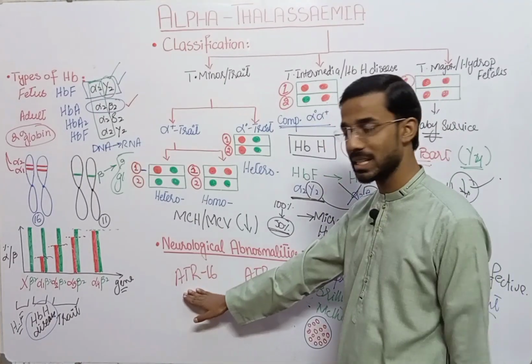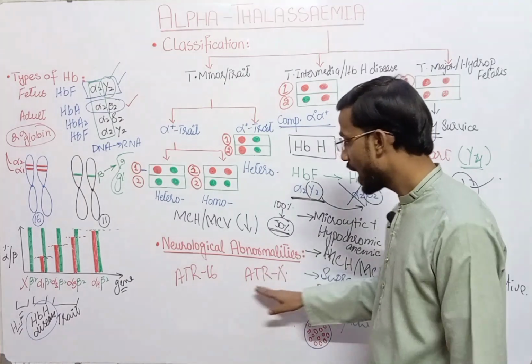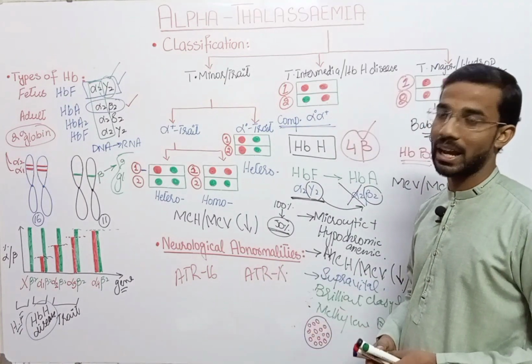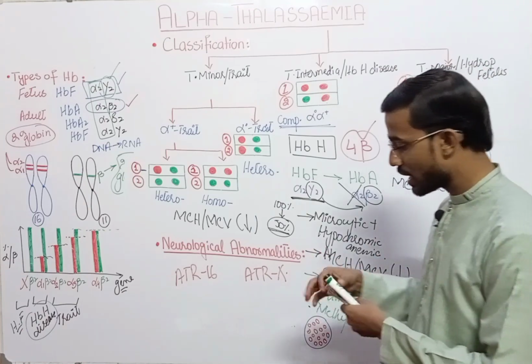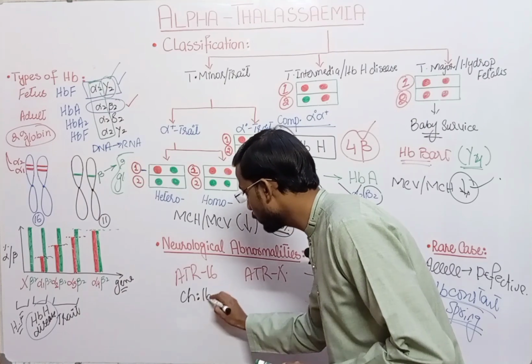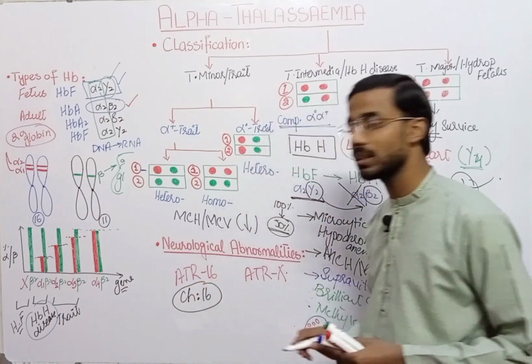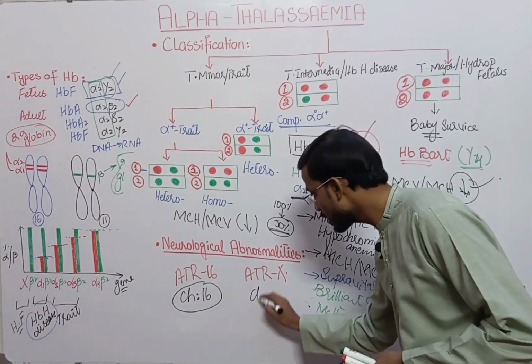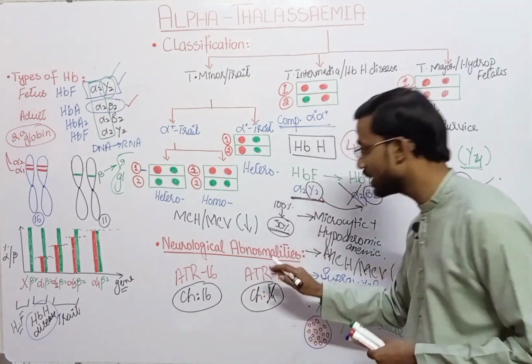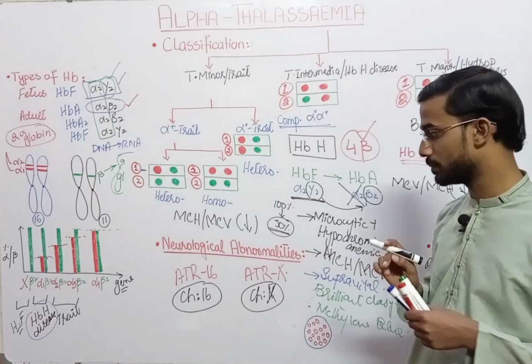This is again an alpha-thalassaemia mental or intellectual disease. It is caused by a mutation or deletion in chromosome 16, and if the deletion occurs in the X chromosome, then it results in ATR-X disease.